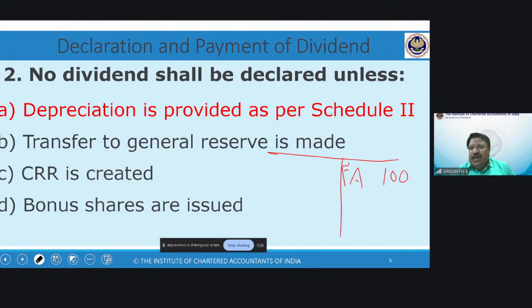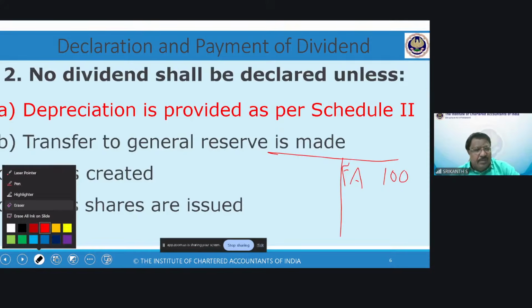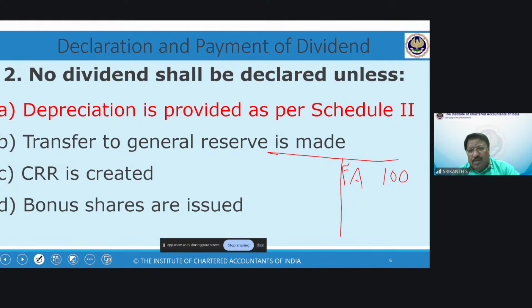So at the end of the year, it looks like this. 20 rupees will be represented by 20 rupees cash. Now that money will be paid to the shareholders. So on the one side, profit will be there. There will be share capital of 100, for which fixed assets are bought.